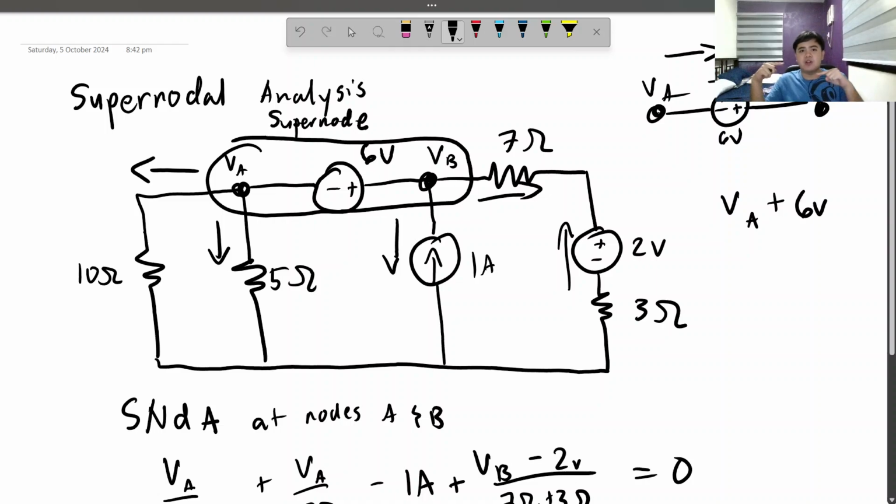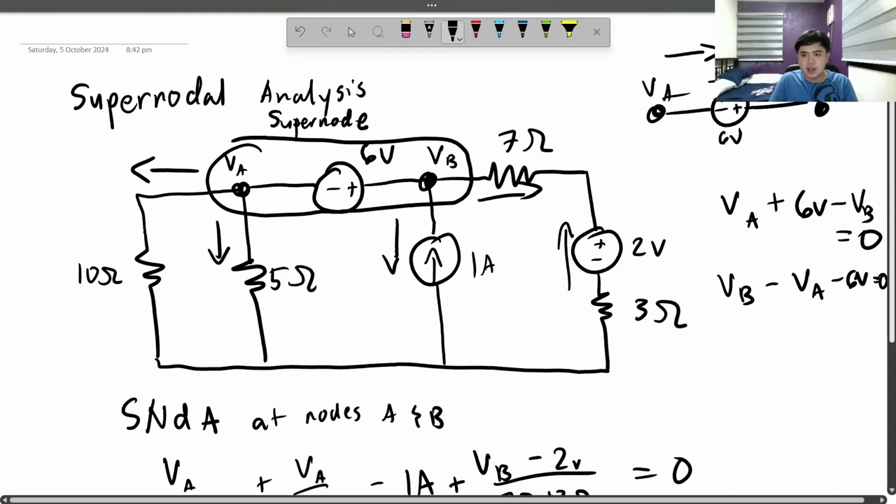Then since VB is going the other way, we should subtract VB. And this is equal to 0. Another way to think about this, if you set VB as the positive, and then VA and 6 volts are going the other way, so VB minus VA minus 6 volts equals 0. And these are equal since if you multiply negative 1 to one, you get the other, right?